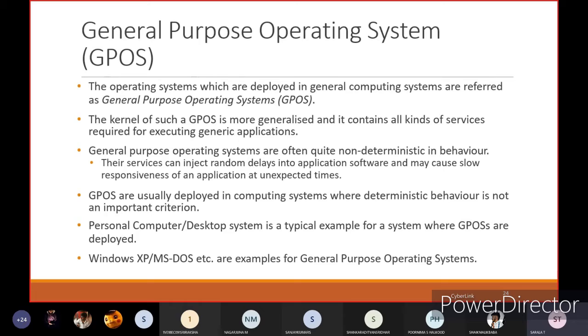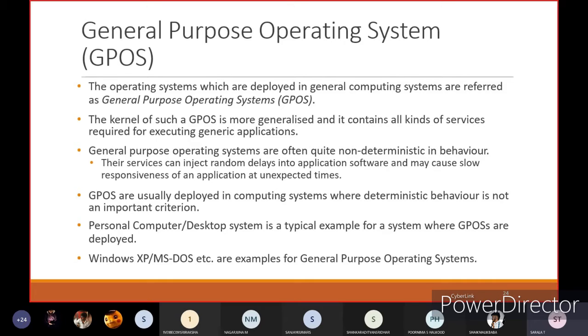In the general purpose operating system, the operating systems which are deployed in general computing systems are referred to as general purpose operating systems. The kernel of such an operating system is more generalized, and it contains all kinds of services required for executing generic applications. It is general for any type of application.